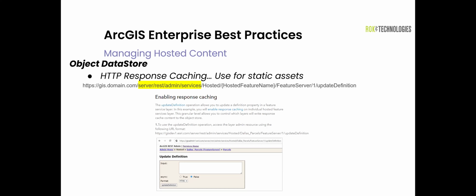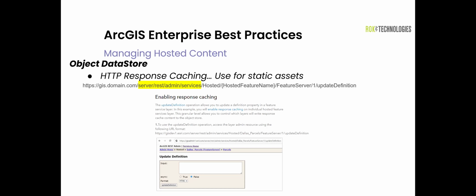But some environments use hosted features a lot, and that can have an impact on how the hosting server is performing. That puts a load on the hosting server, and if you want to increase efficiency, it would be helpful if there's a way to cache some of this response.